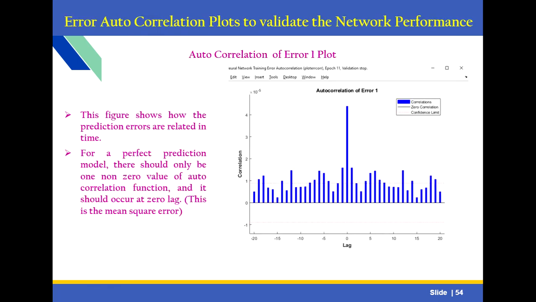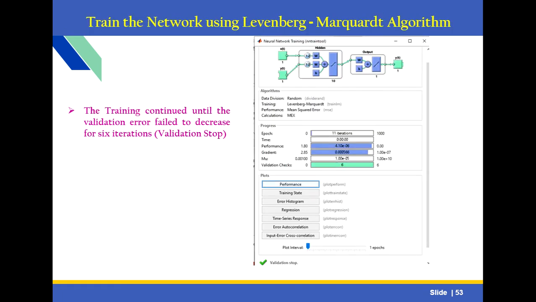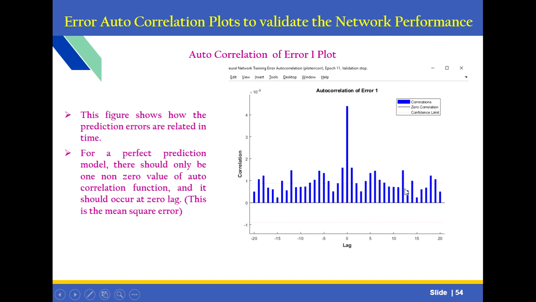For the error autocorrelation plot, after training and validation stop, you can click error autocorrelation, and you will get a graph like this. Here the green bars indicate the correlations, this line indicates zero correlation, and this is the confidence limit. This figure shows how the prediction errors are related in time.